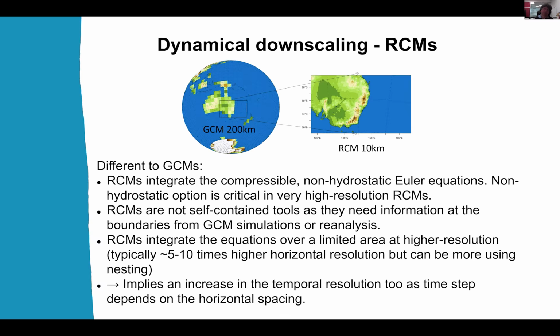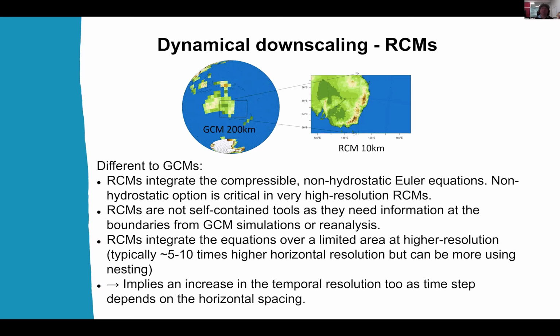So the RCMs are not self-contained tools, right? They do need information at the boundaries, whereas the GCMs are self-contained tools. And for the RCMs, we're solving at high resolution, but over a limited area, and we're typically 5 to 10 times higher resolution.